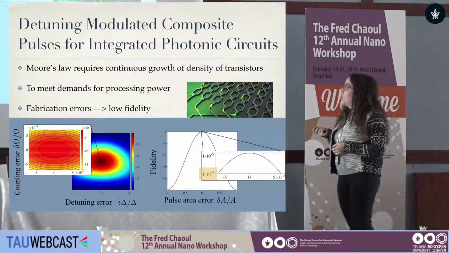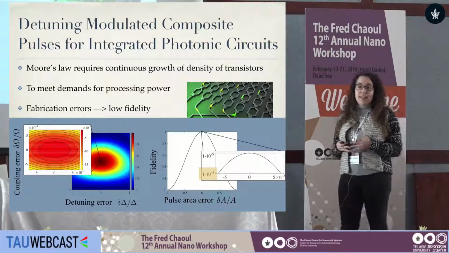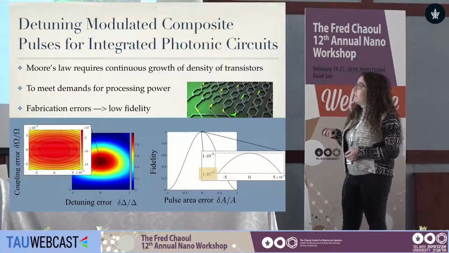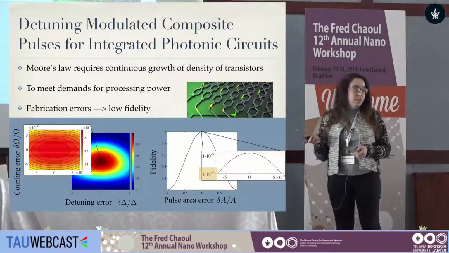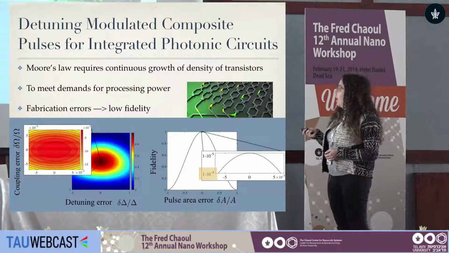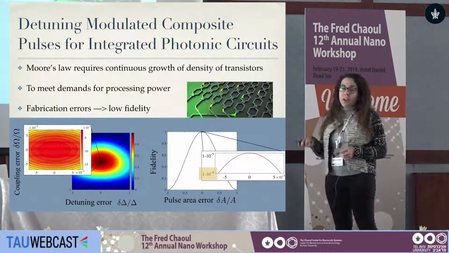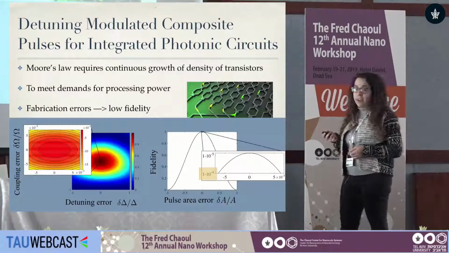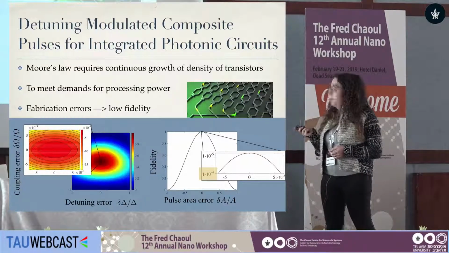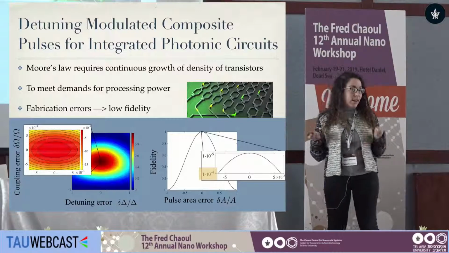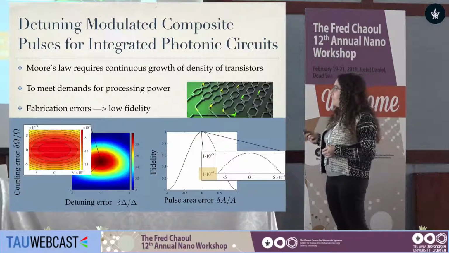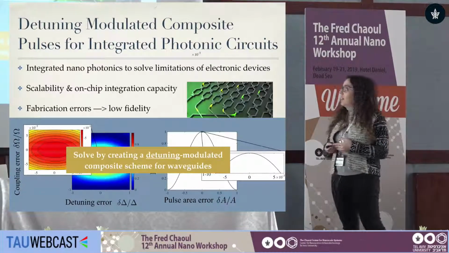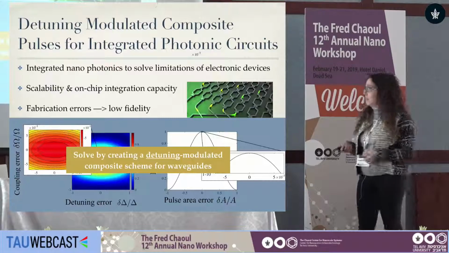If we would like to use these integrated photonic circuits as hardware for quantum computation, we can't, because the fidelity of operations, due to these fabrication errors, is much lower than the limit for quantum information processing, which states that you cannot have errors larger than 10 to the power of -4 of your target state operation. So we wanted to solve this by creating a detuning modulated composite scheme for waveguides.